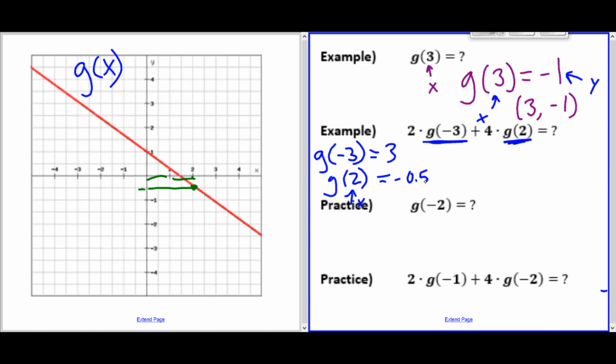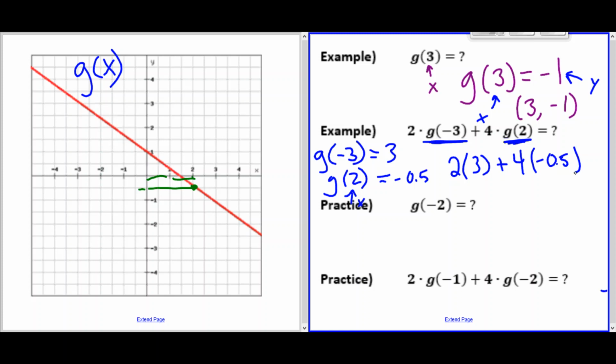And then I'm just going to plug that into the statement that they have. We know g of -3 is 3, so 2 times 3 plus 4 times g of 2, which we found on the graph is -0.5. Then I'm just going to simplify that.